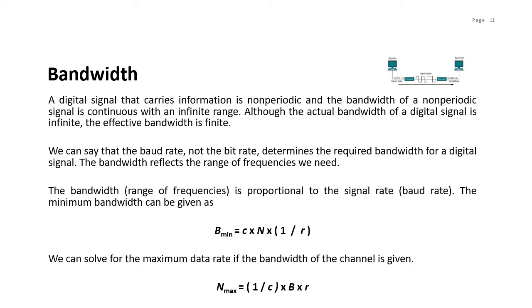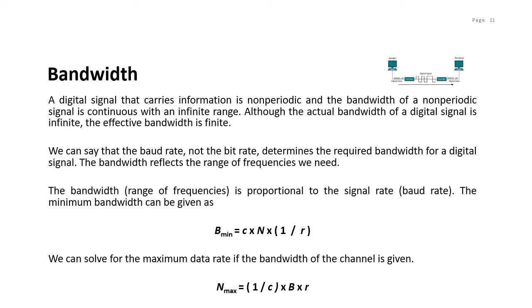So the effective bandwidth is finite. In other words, the bandwidth is theoretically infinite, but many of the components have such small amplitude that they can be ignored. From now on, when we talk about the bandwidth of a digital signal, we need to remember that we are talking about this effective bandwidth.